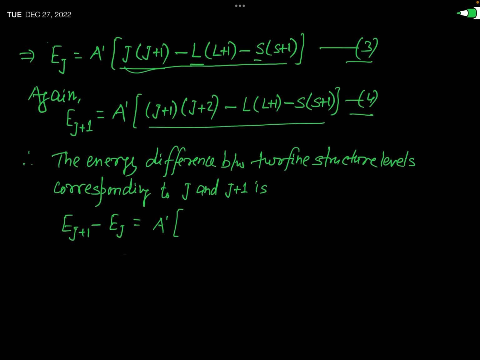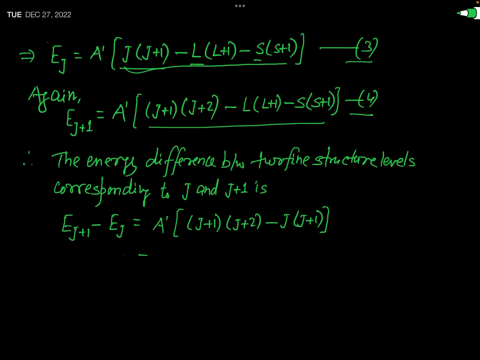So the terms for L and S will cancel out, and in the result you will simply get J plus 1 times J plus 2 minus J into J plus 1.